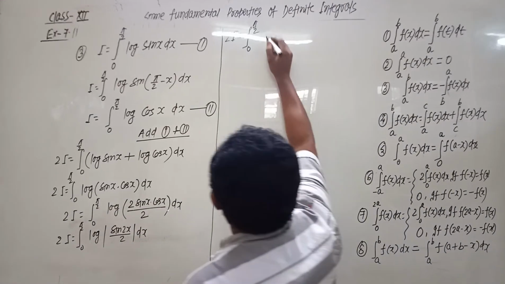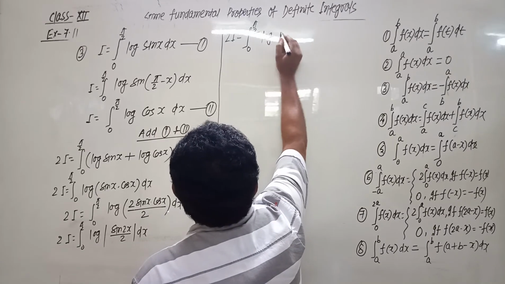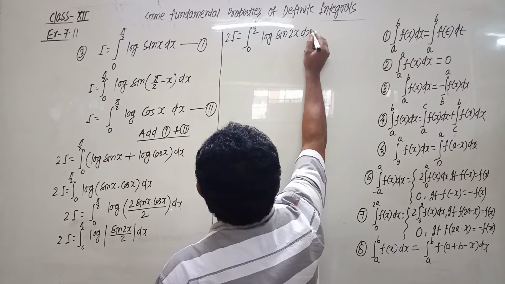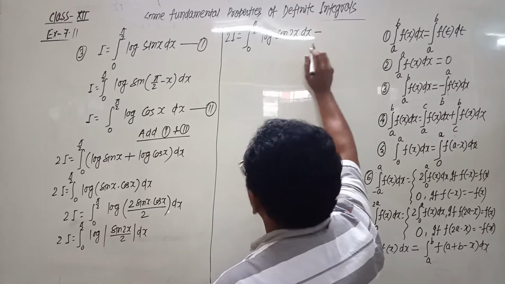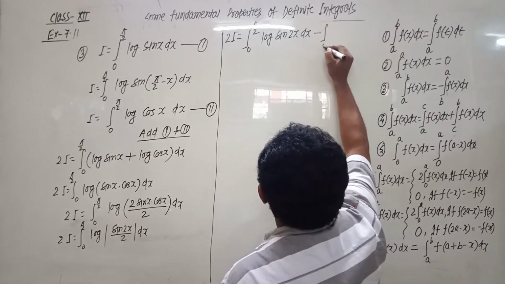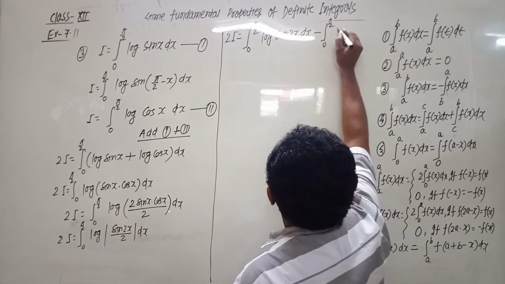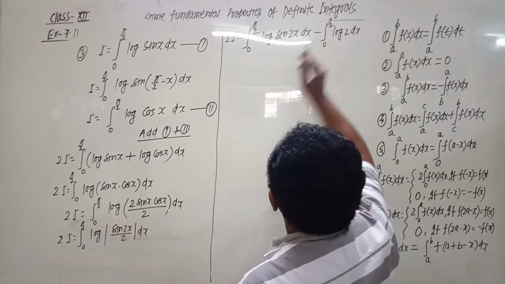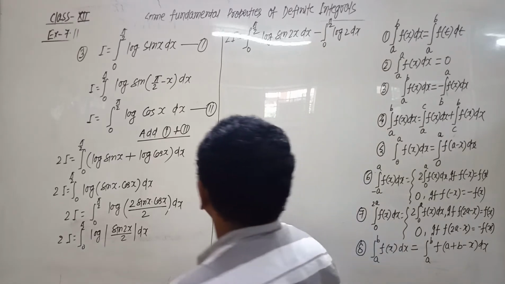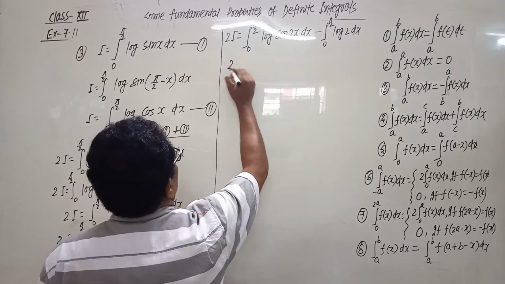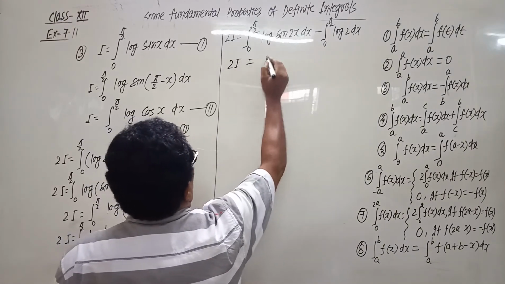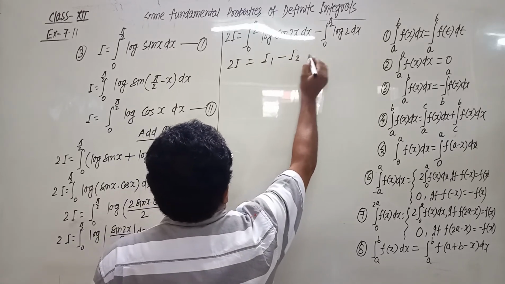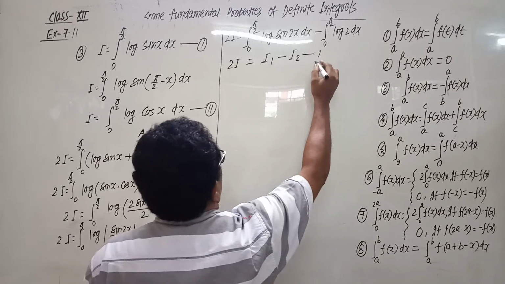So it would be written log sin 2x dx and minus integration 0 to pi by 2 and log 2 dx, where log 2 is a constant term. So 2I equals to, suppose this is I1 and this is I2. Name it equation number 8.